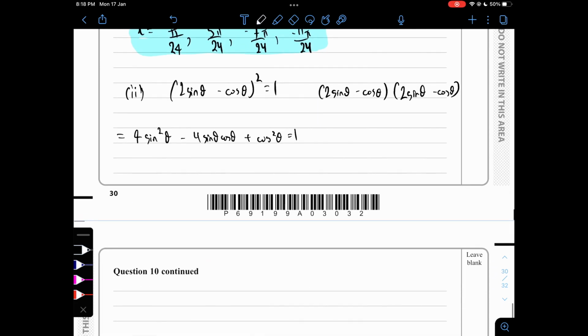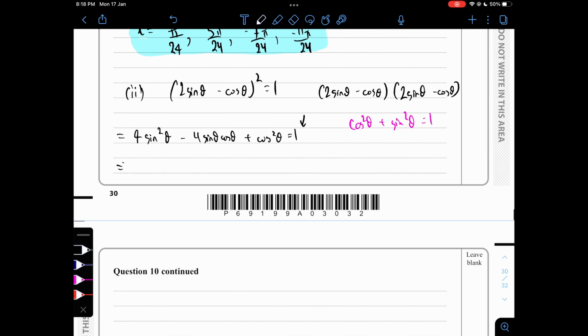So let's see. So what can we do here? Can we manipulate anything? Can we change anything? Yeah, we can change the 1, right? The 1 we can say is what? We know that cos squared theta plus sine squared theta equals 1. So let's do that.